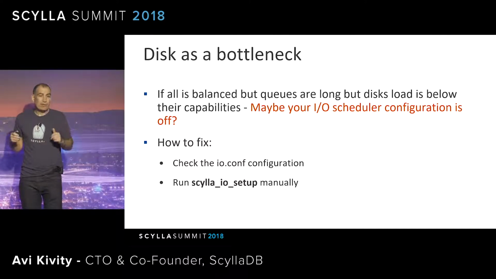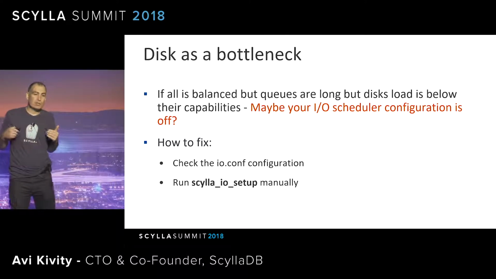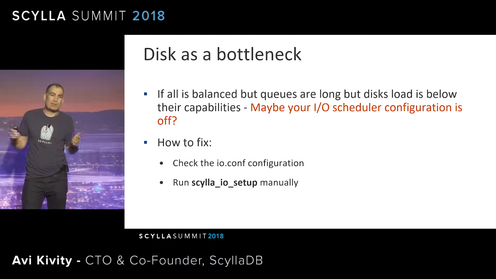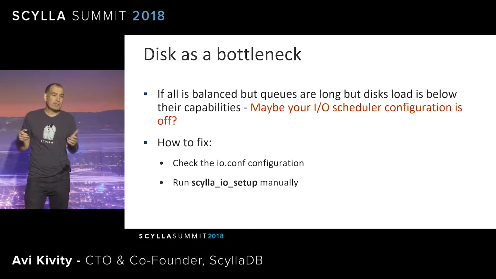So sometimes you have a situation where everything is balanced, all of the shards are consuming the same amount, but still the disk is running at a bandwidth that's lower than what's advertised. So one of the problems can be that the I/O scheduler configuration is off.